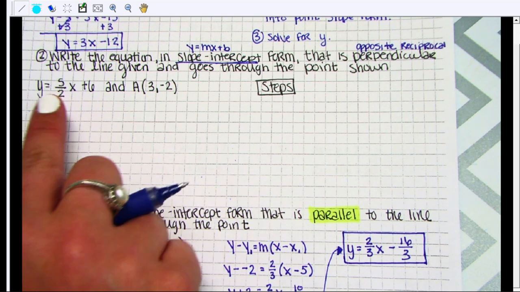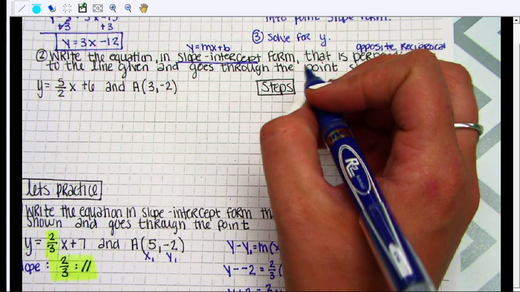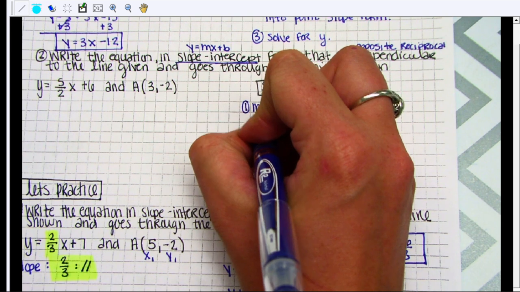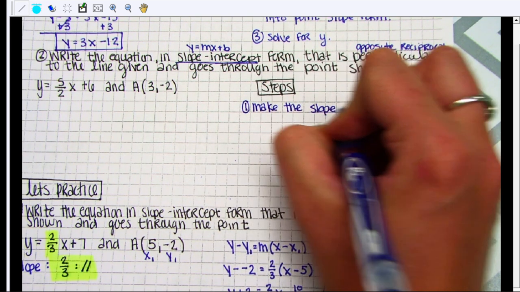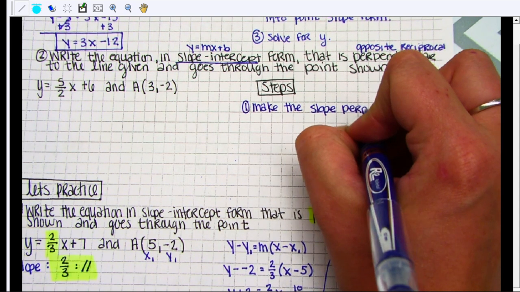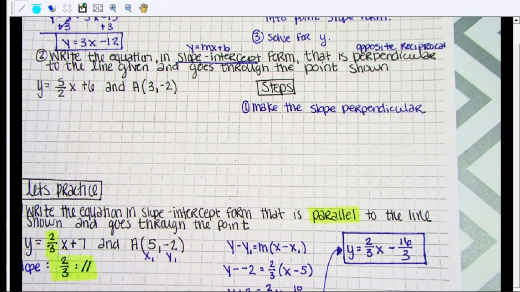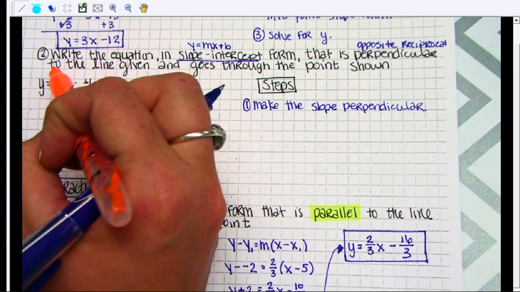So here's our equation that's given. Here's our point. Step 1 is to make the slope perpendicular. What is our original slope? 5 over 2 is our original slope.